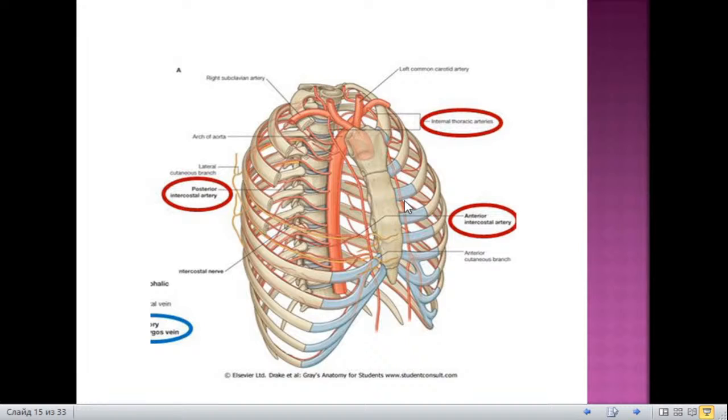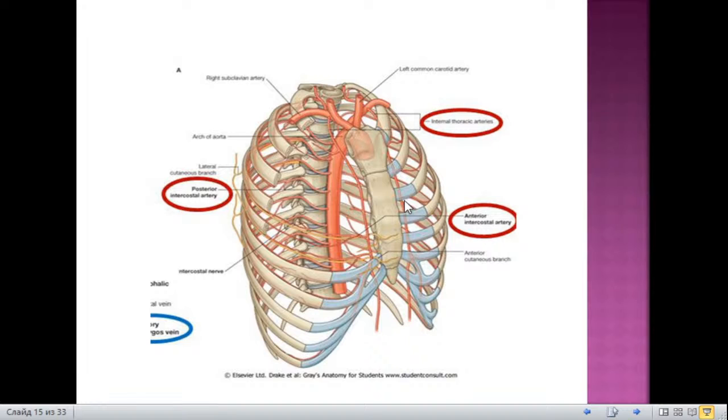The supreme intercostal artery is a branch of the costocervical trunk from the subclavian artery. The anterior side of the upper two intercostal spaces receives blood from the superior thoracic artery, which is a branch of the axillary.